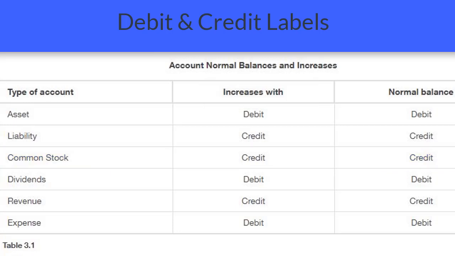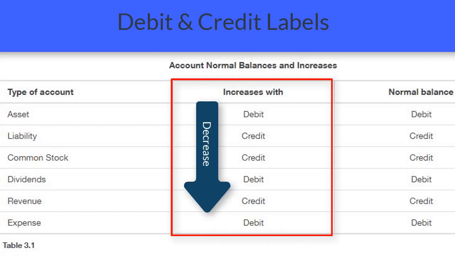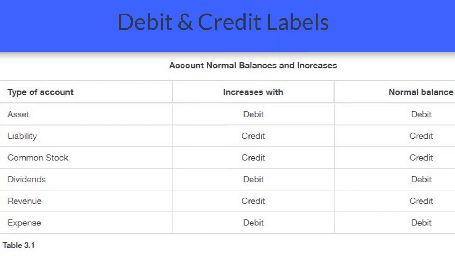Now, what you don't see in 3.1 is the fact that when these balances go down or decrease instead of increase, you give them the other label. So based on table 3.1, we know if an asset goes up, we call the increase a debit.